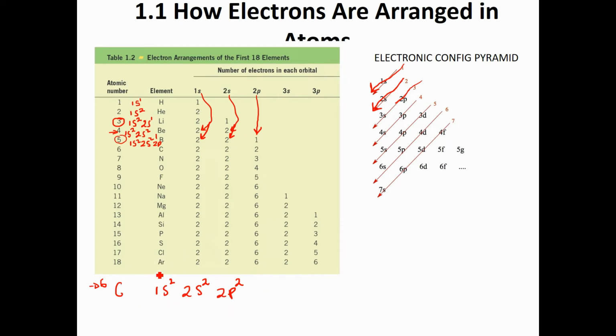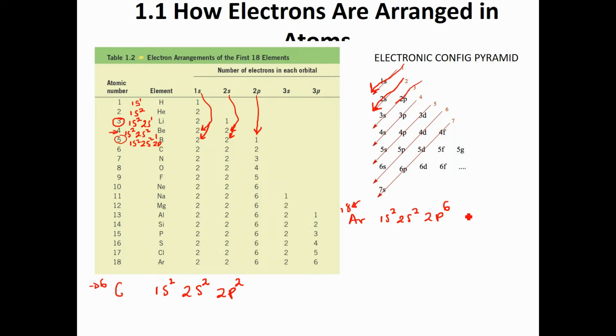Let's take a crazy one like argon. Argon has atomic number 18, so it will be 1s2, 2s2. We go to 2p before 3s. P can take a maximum of 6. We can give it 6 because we have more than enough electrons to arrange.